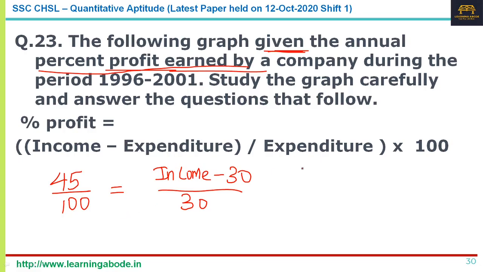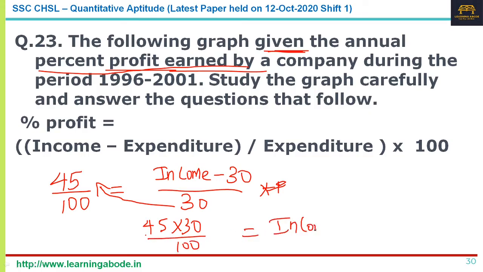So this 30 goes this side. So 45 into 30 by 100 is equal to income minus 30.